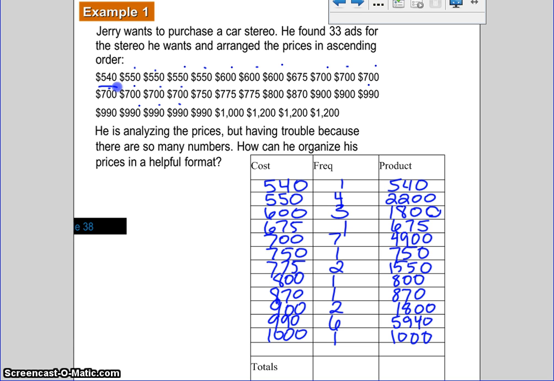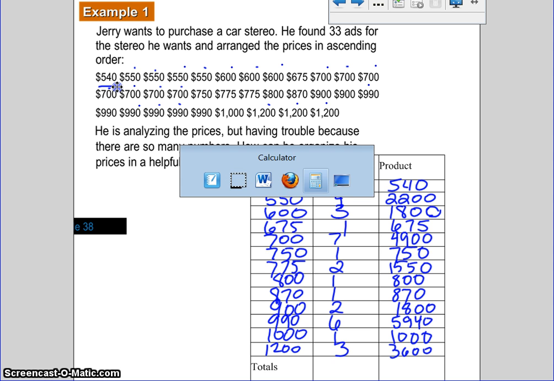And then I have 1,200, and it looks like I have 1, 2, 3 of those for a total of 3,600. So now that I have all of those multiplied out, I'm going to grab my calculator.